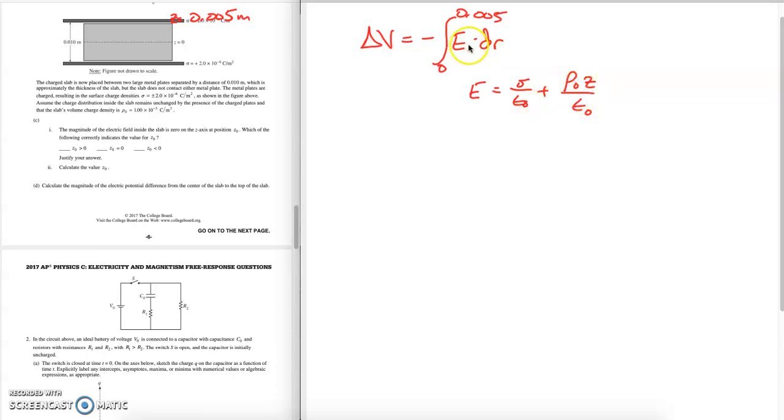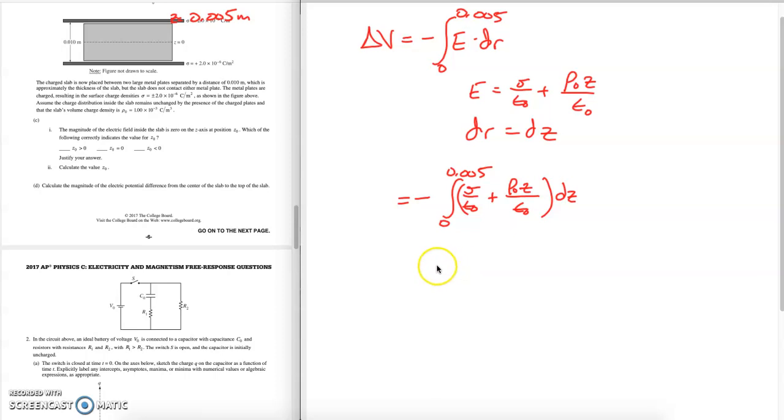So if we're going to plug these guys in, oh, and dr is going to be equal to dz, because we're just moving in the linear distance in the z direction. So let's substitute these guys in here. So minus the integral of sigma over epsilon naught plus rho naught z over epsilon naught, all of that, dz from 0 to 0.005.